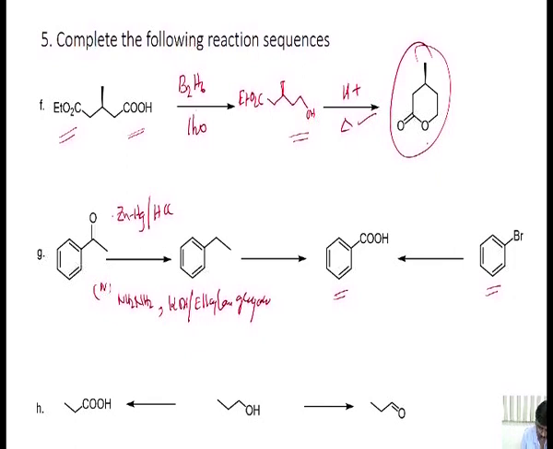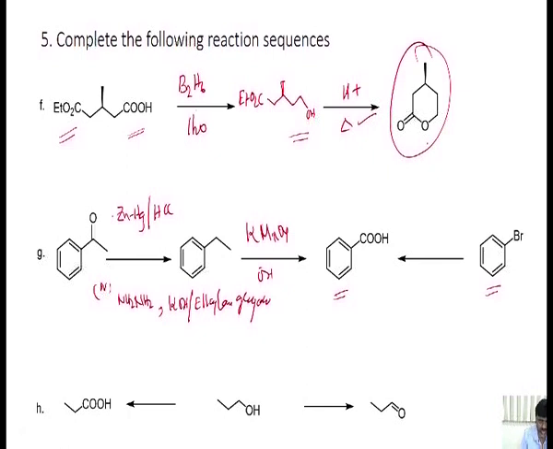Once we have this ethyl benzene, this can be oxidized to benzoic acid. This can be accomplished using potassium permanganate in the presence of base.